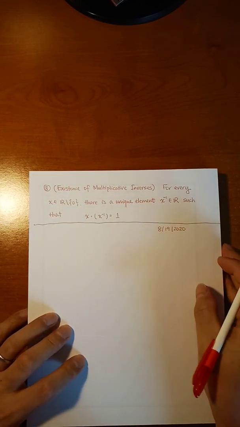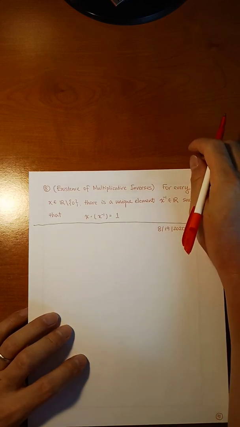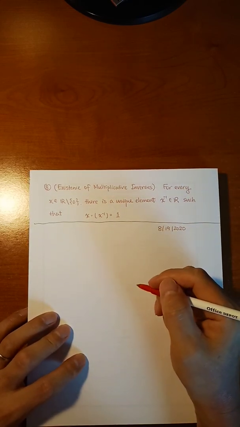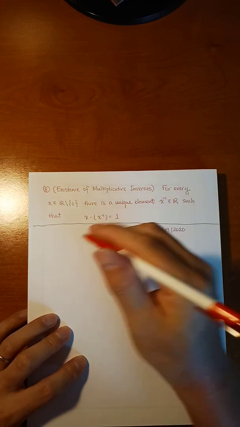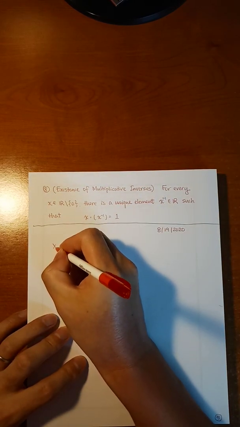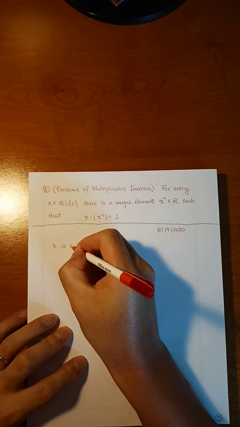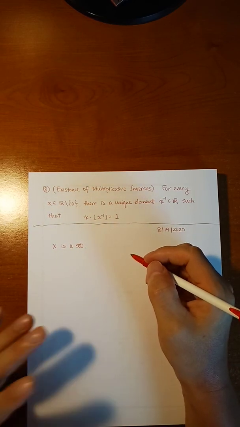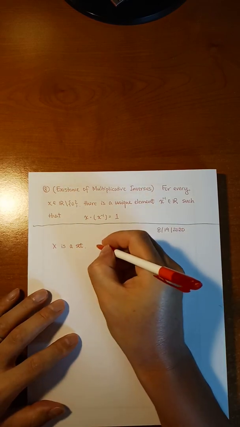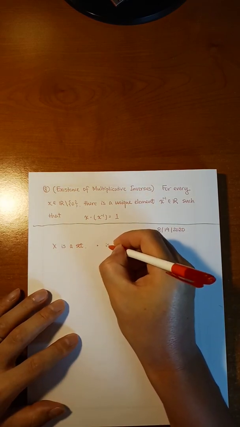In algebra, especially in abstract algebra, we have the following list of concepts. First, when you have a set, we can define an operation.